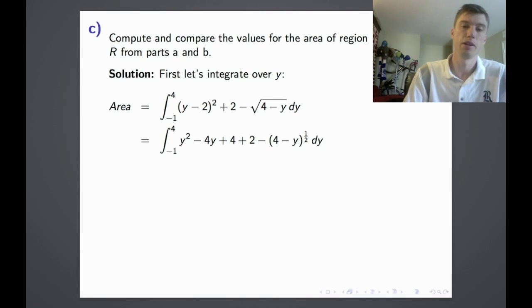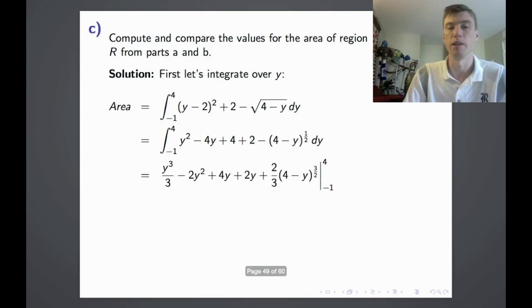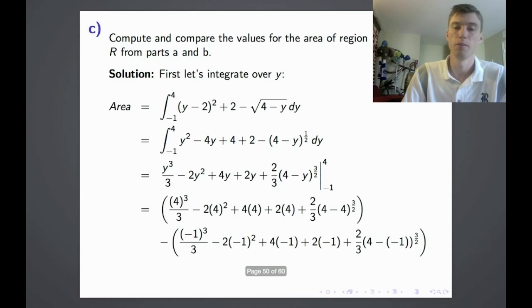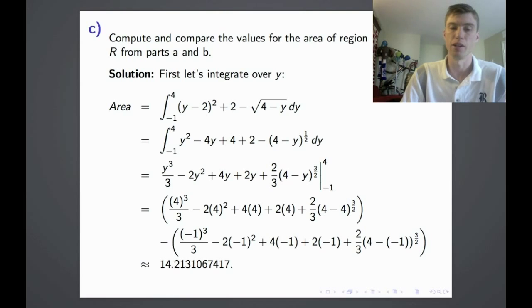From here we can use the power rule on each piece, and we will evaluate from negative 1 to 4, and we get this pretty complicated expression, but after plugging it into your calculator, you can find that this is 14.213, etc. So that's integrating over y.